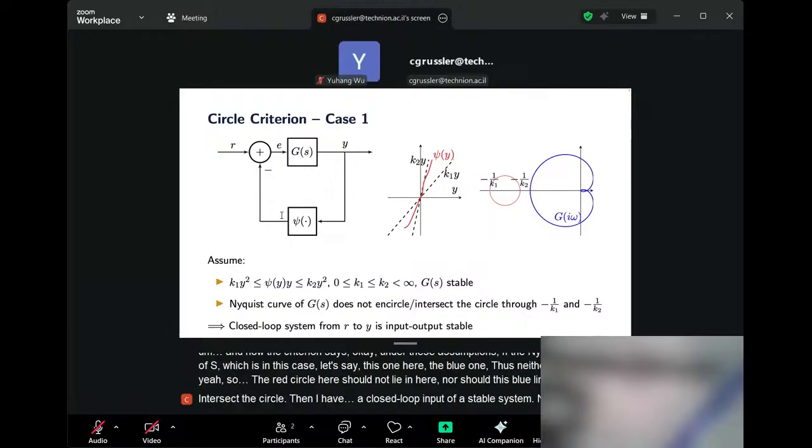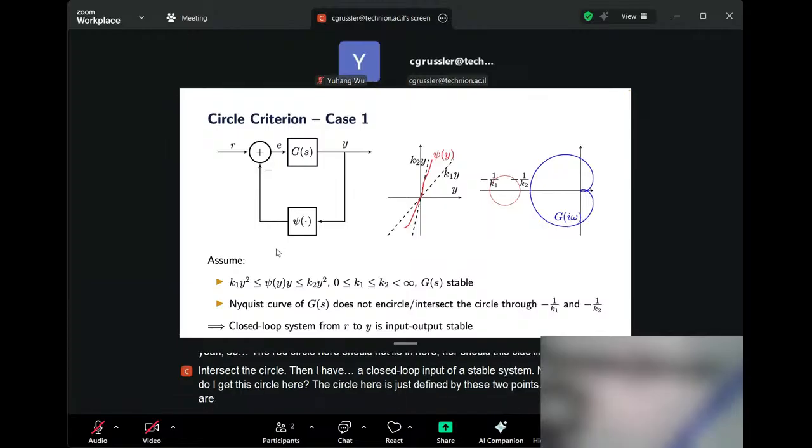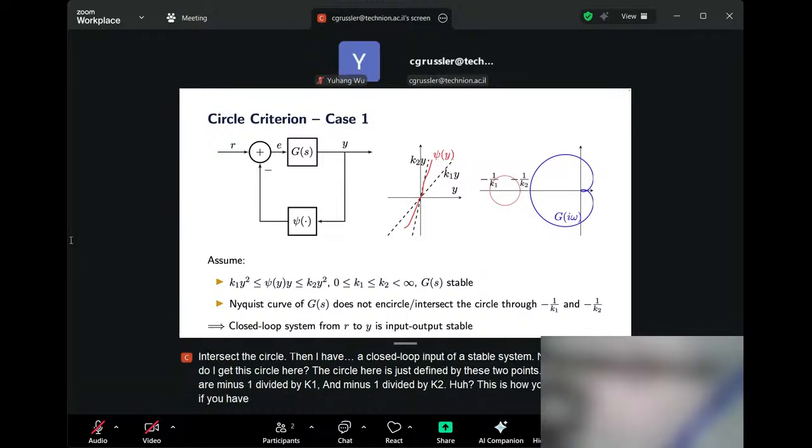Now, how do I get this circle? The circle is just defined by these 2 points, which are minus 1 divided by k1 and minus 1 divided by k2. If you have 2 points of a circle, you know its entire circle, right?